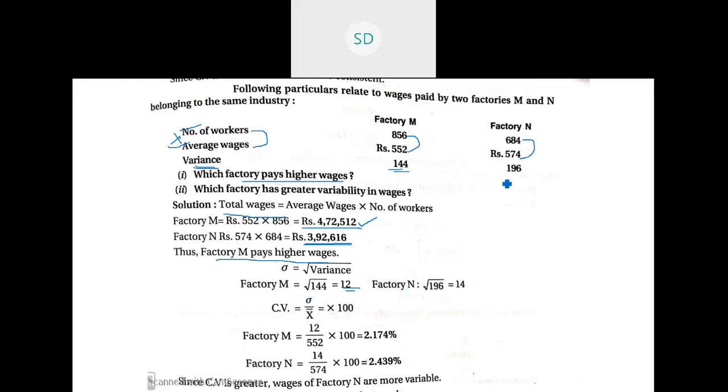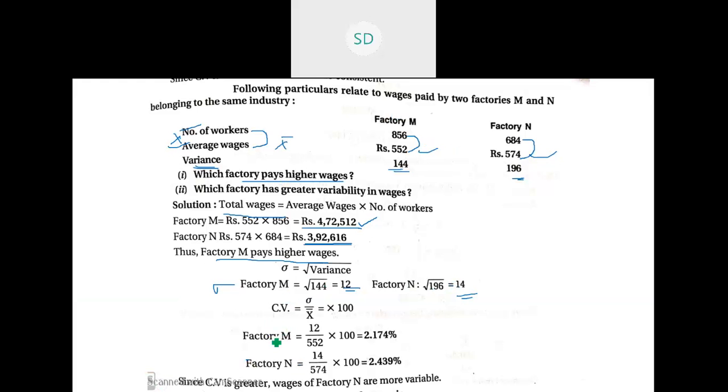For factory N, the square root of 196 is 14. So we calculated the standard deviation of factory M and factory N. We already have the arithmetic mean of both. Now let us calculate the CV, that is, the coefficient of variation.